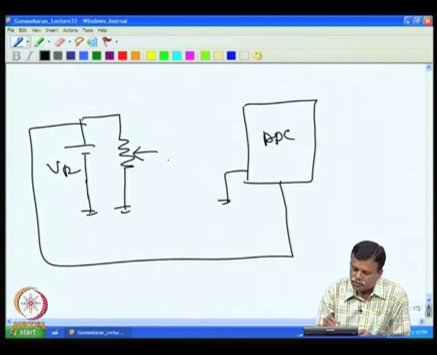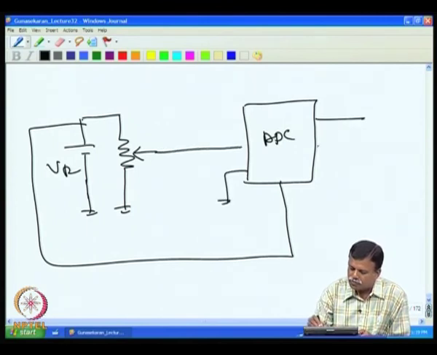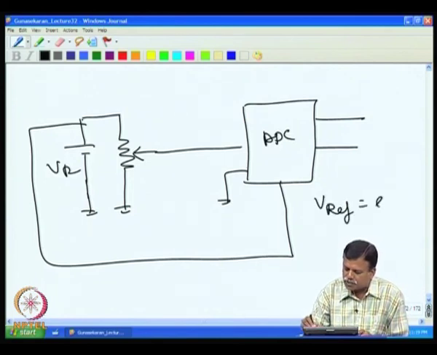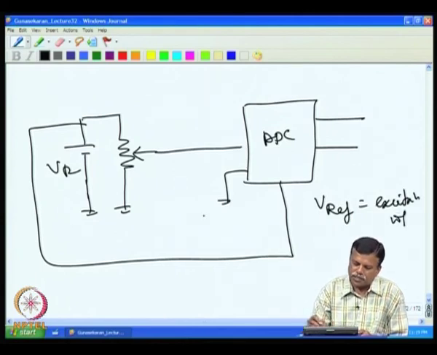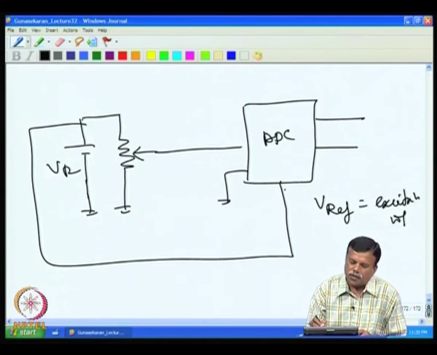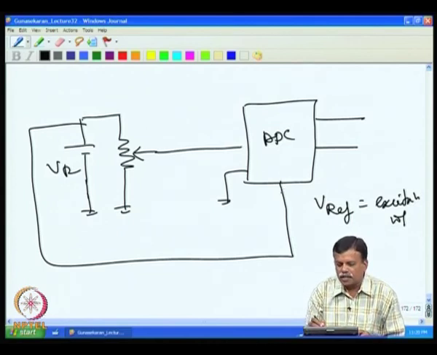Then you have the input here and then the output here. So V reference is equal to excitation voltage. So both are drifting. If the V reference drifts, then the reference to this also changes. The net result is it has no effect at the output digital.